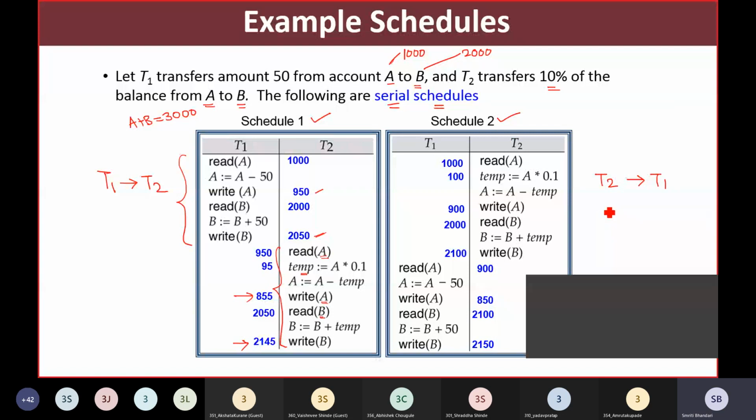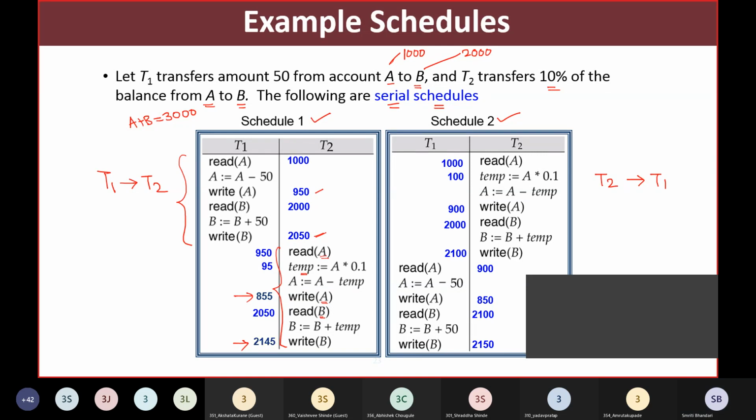And similar is the case for schedule 2. Even though the sequence of execution is different, I'll have the consistent state of database. So both of these schedules are valid schedules and those are known as serial schedules.